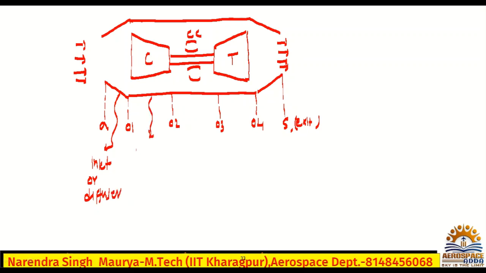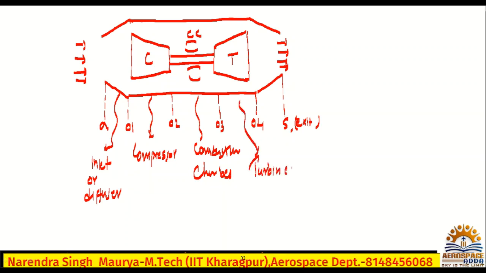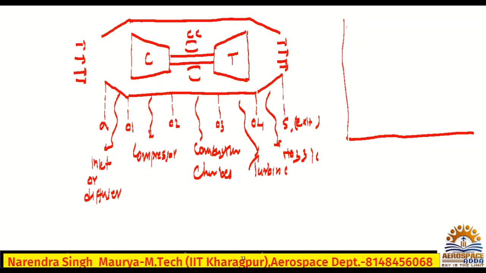This is the compressor, the combustion chamber, this is the turbine, and here this is the nozzle. If you draw the T-S plot for this, in short, I will show you.